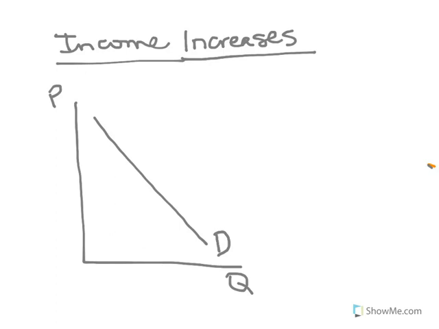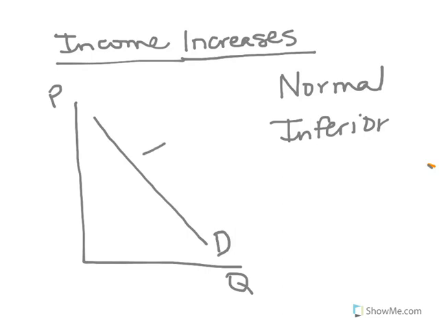We can categorize goods into 2 categories. We have what's called normal goods, and we have what's called inferior goods. And depending on what type of good it is, that's going to impact whether your demand increases or decreases. So if your income goes up and you are purchasing what we consider a normal good, then that means that your demand for that good or service is going to increase.